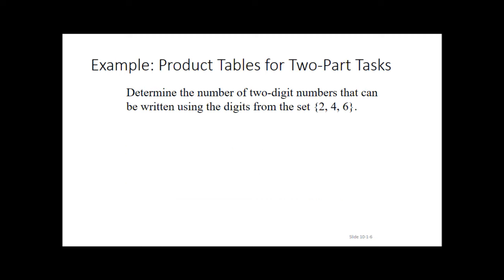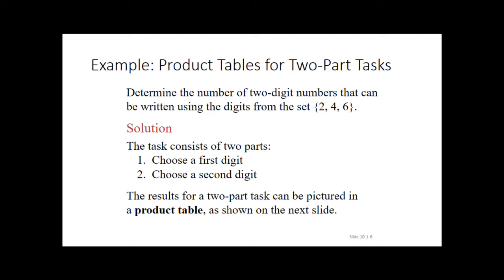So for an example of a 2-part task, what if we wanted to construct 2-digit numbers written from the set of digits 2, 4, 6? What I mean by a 2-digit number would be something like the number 42, which would be different, by the way, from the number 24.